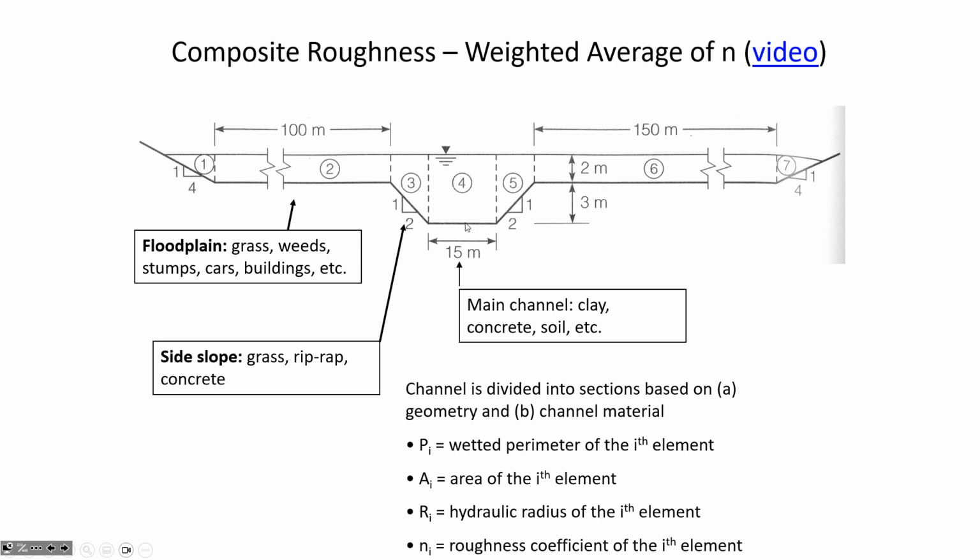But sometimes water is flowing out of the normal channel and gets out onto the floodplains and is in contact with hillsides. In cases like that, you may have a main channel that is lined with concrete or has riprap or maybe grass lining on the bottom. But then when the water gets into the floodplain, we have a lot of variety and irregularities in what materials the water is encountering, and so it could have a very different n value.